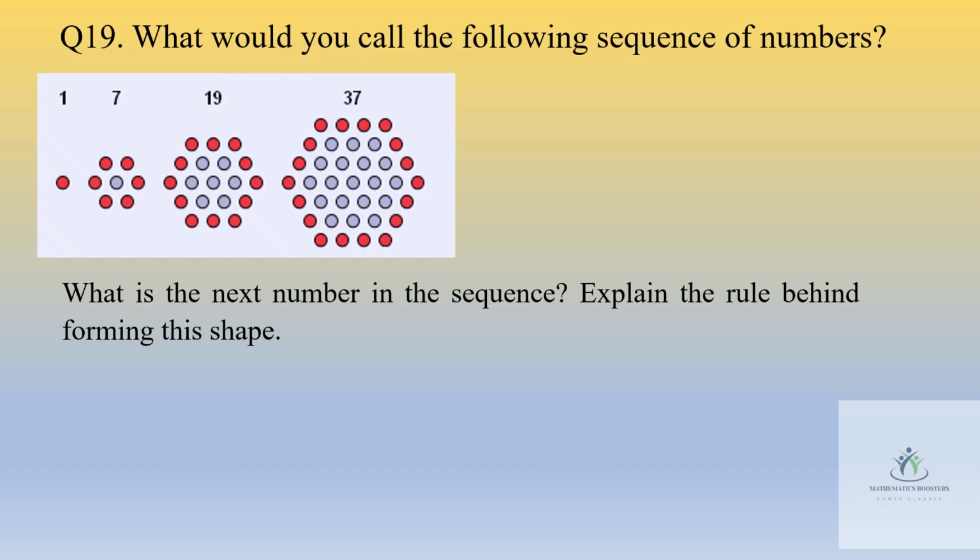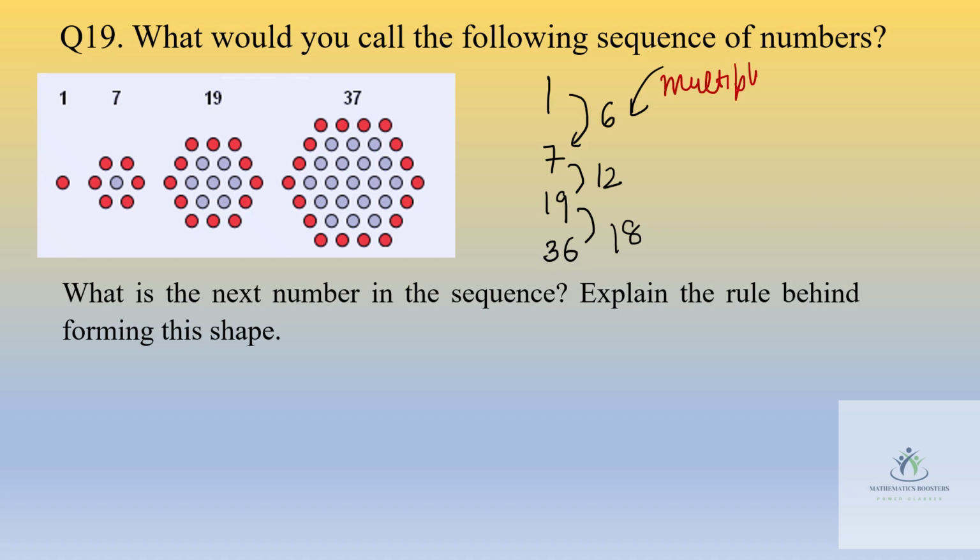Next, what would you call the following sequence? Now find out what is the gap. Next is 7, then 19, then 36. What is the gap? 6. What is the gap? 12. Then what is the gap? 18. What is this? This is nothing but a multiple of 6.